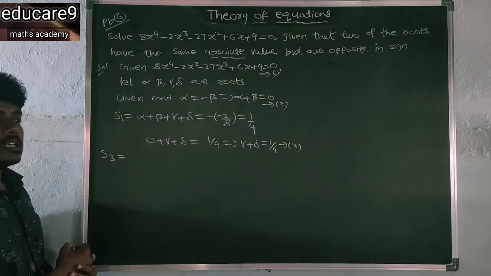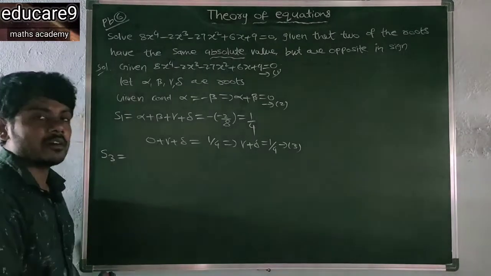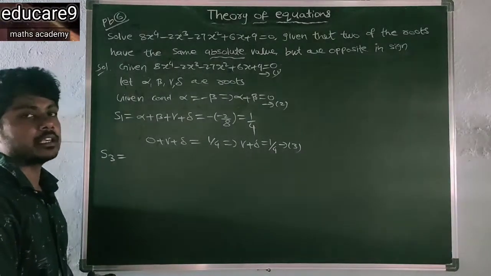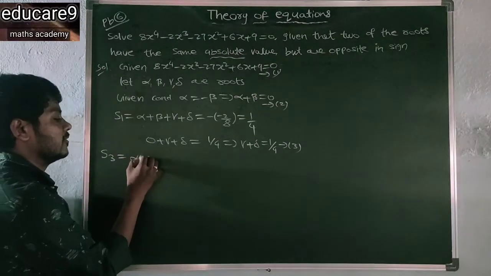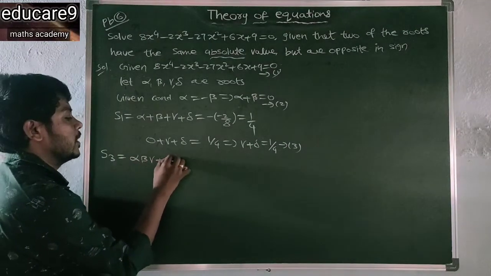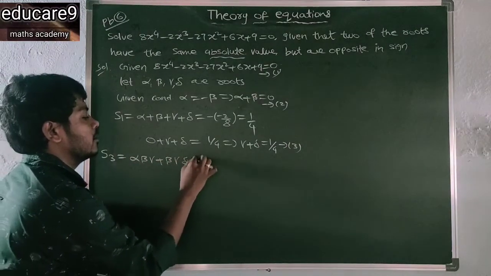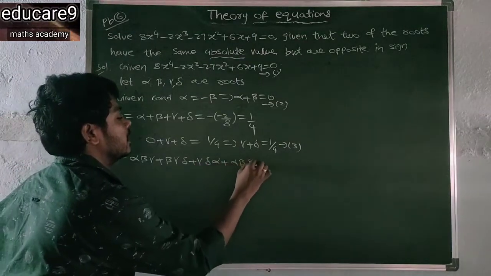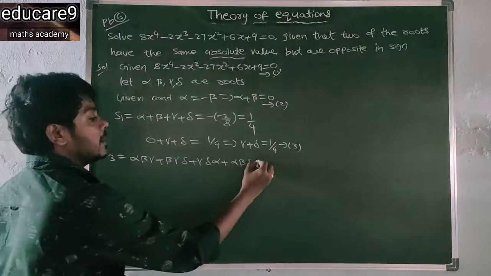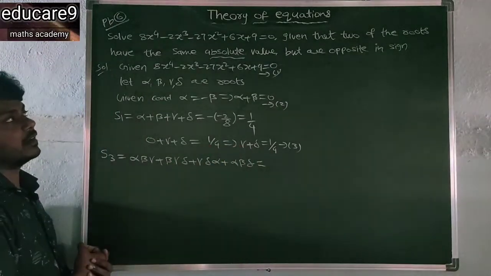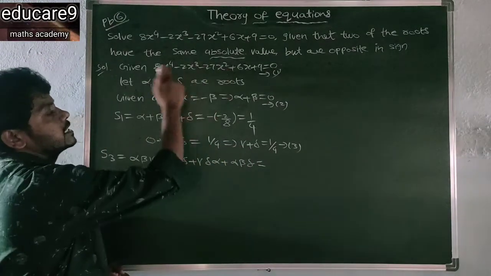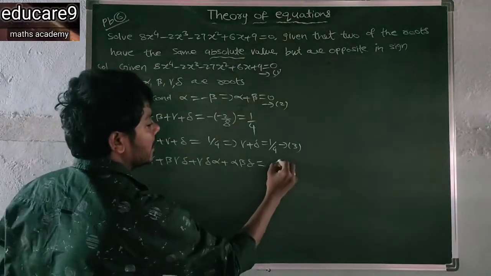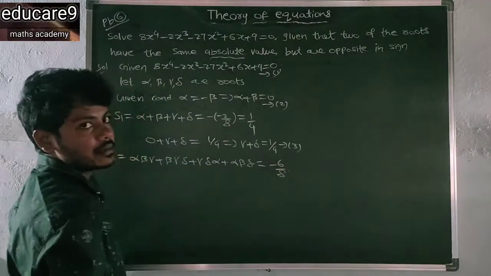Now find S3. S3 is the sum of the product of 3 roots taken at a time. That is alpha beta gamma plus beta gamma delta plus gamma delta alpha plus alpha beta delta. This is what? Minus A3 by A0. That is 6 by 8, minus 6 by 8.